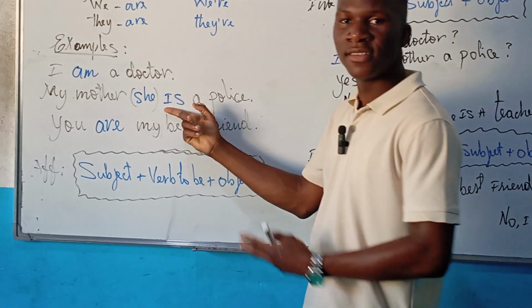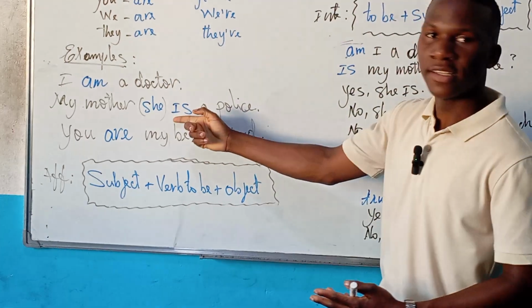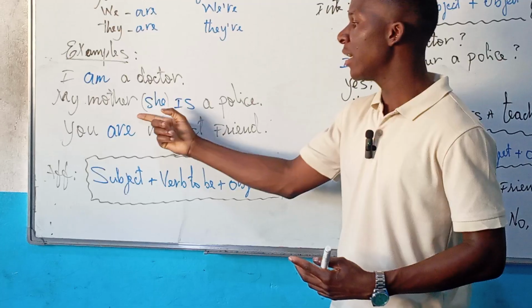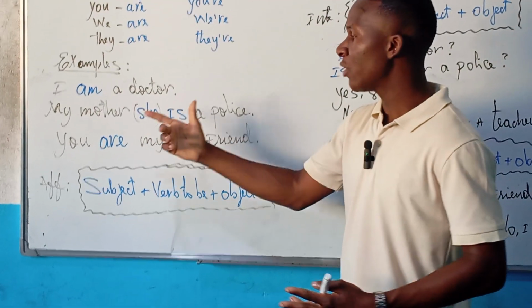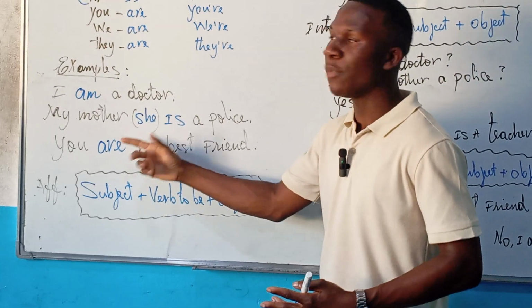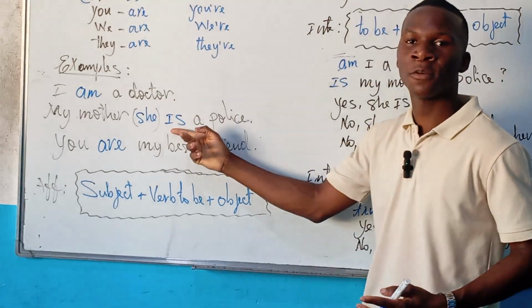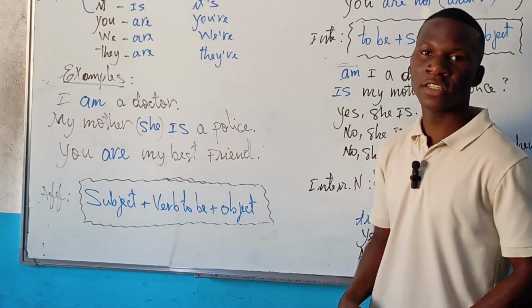So why is it? It is because we conjugate the verb to be according to the subject. And we know that when the subject belongs to the third person singular, we are going to conjugate the verb to be as is.